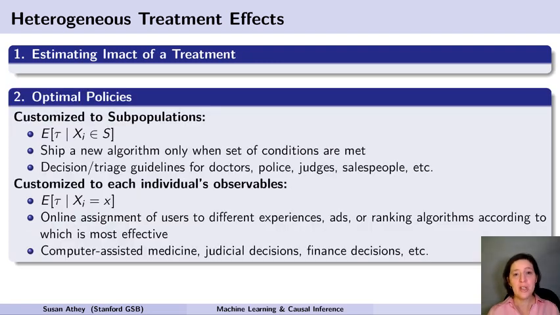An important application of heterogeneous treatment effects is, once you understand for whom a treatment works better or worse, we can figure out who gets the treatment. Now, a treatment might be better than control for everyone. So just because you have treatment effect heterogeneity doesn't necessarily mean that a personalized or targeted treatment assignment policy does better than a uniform treatment assignment policy.